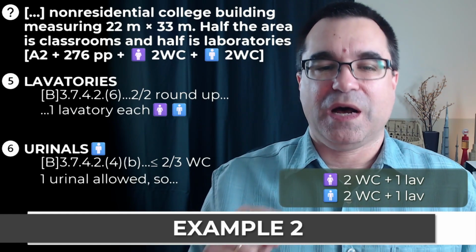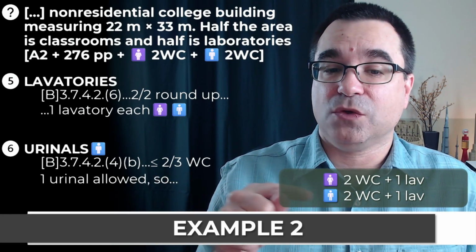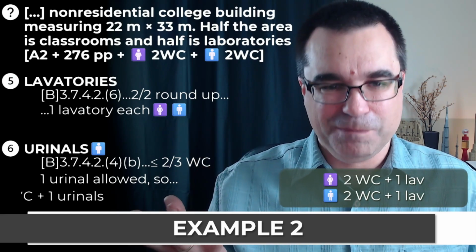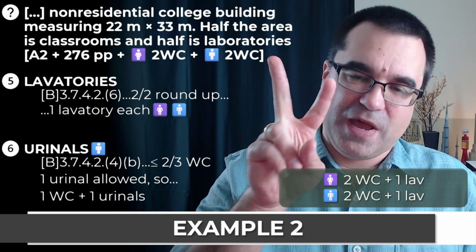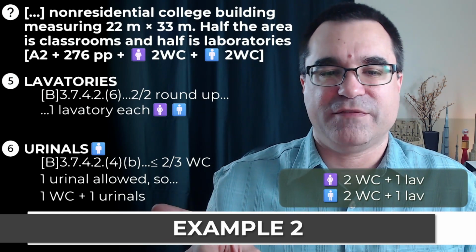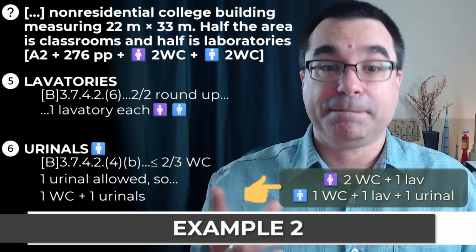So we do up to 2/3, and that means 1 urinal can replace 1 of the water closets. So what we get is that the male washroom goes from having 2 water closets to actually having 1 water closet and 1 urinal, okay?